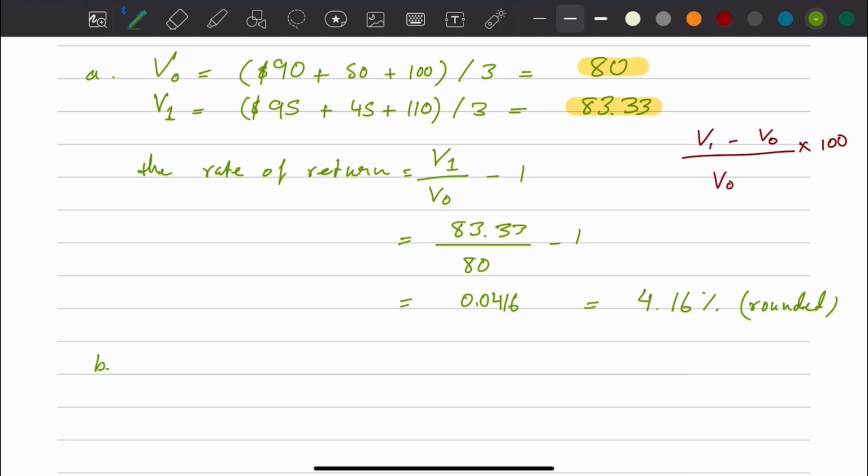We need to stick to the same value, which at time 1 was 83.33. This was the total value, or the price-weighted value, of the index.